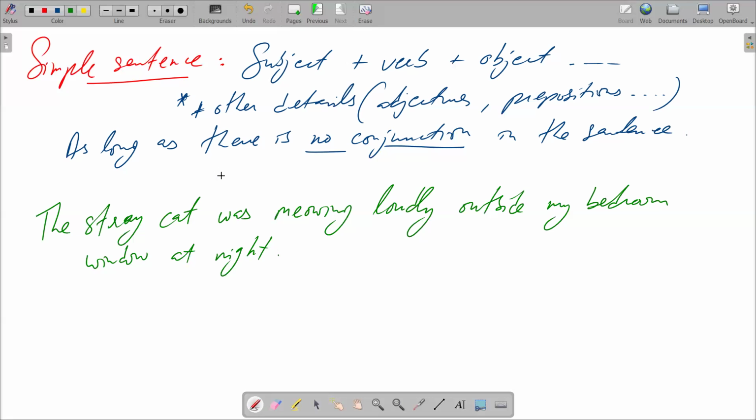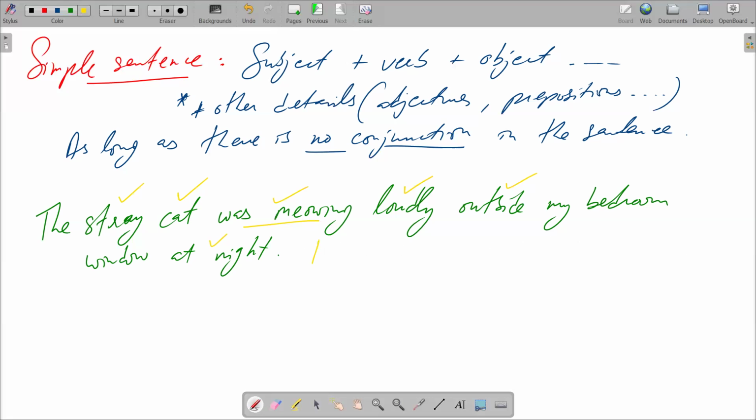So this is a lot of detail, right? You've got the subject over here. You've got the verb over here. This is past continuous, right? The stray is an adjective, loudly is an adverb, outside is a preposition, right? At night, you're giving detail about the time, and so there's a lot of detail going in.